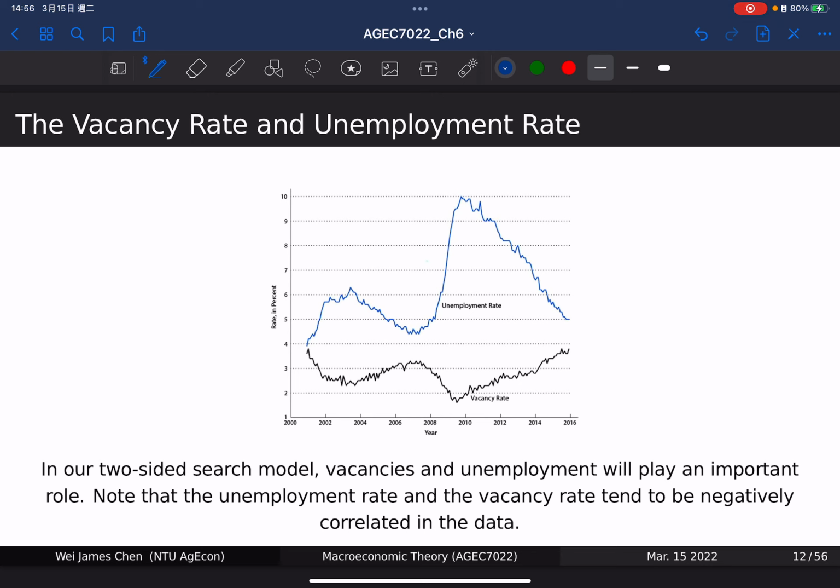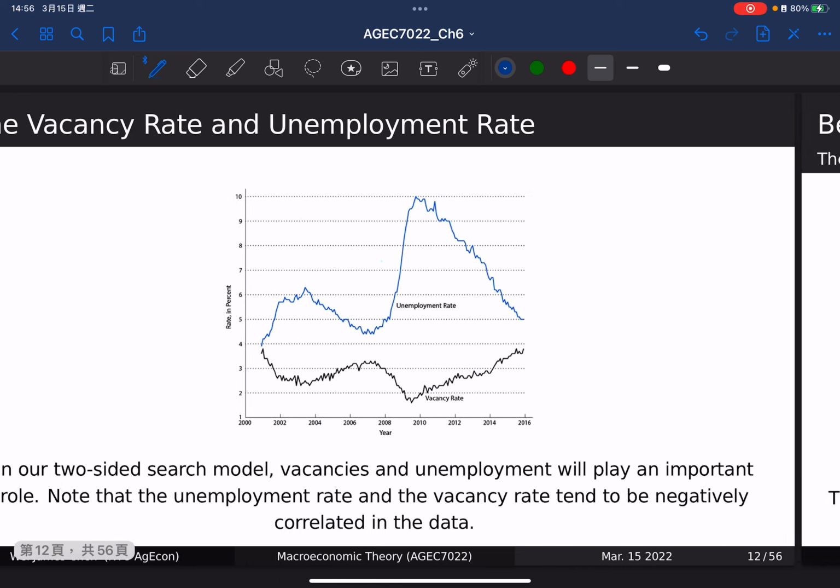So in essence, our model should produce that fact. Or put another way, our model should show that when unemployment goes up, the vacancy goes down.